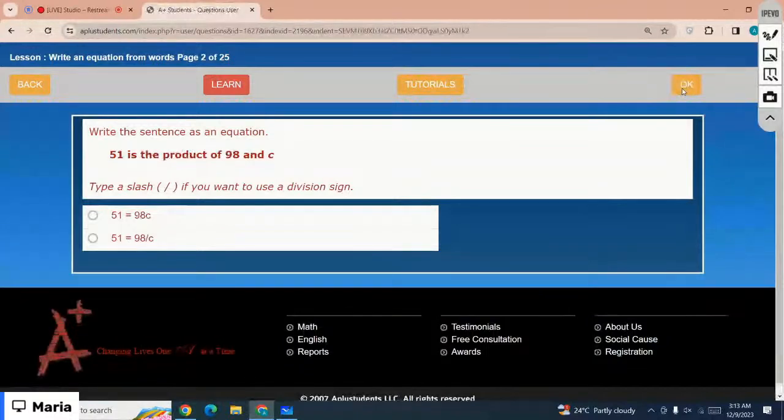Okay, the next one is, write the sentence as an equation. That is 51 is the product of 98 and C. So which is the correct option?